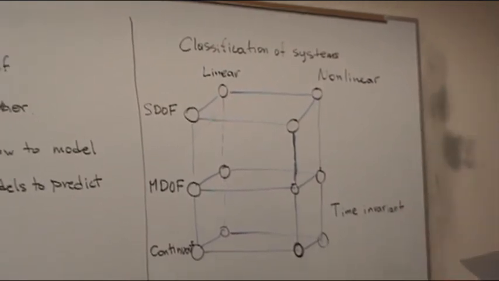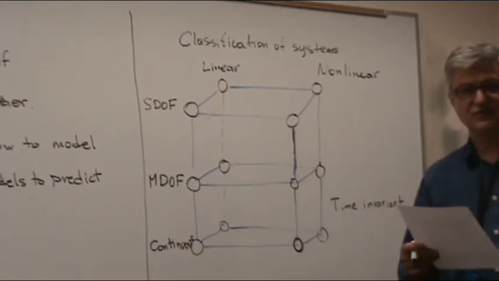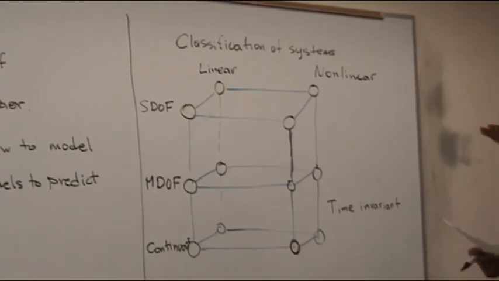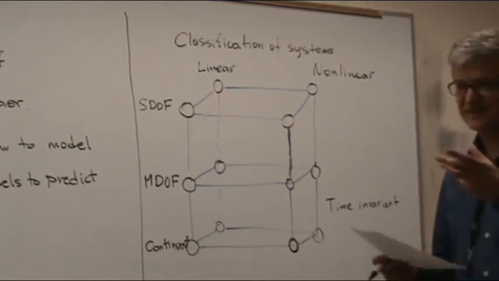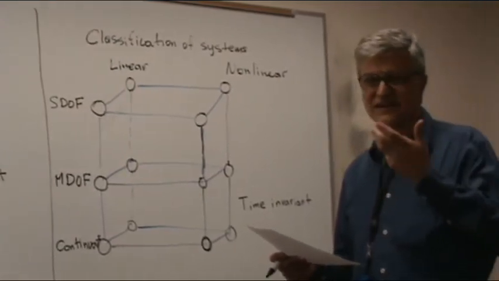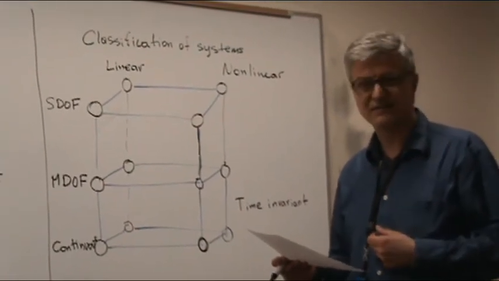Okay? A time invariant system is a system whose properties don't change in time. For example, the building, if you consider a short time period, you can assume that the properties don't change with time.